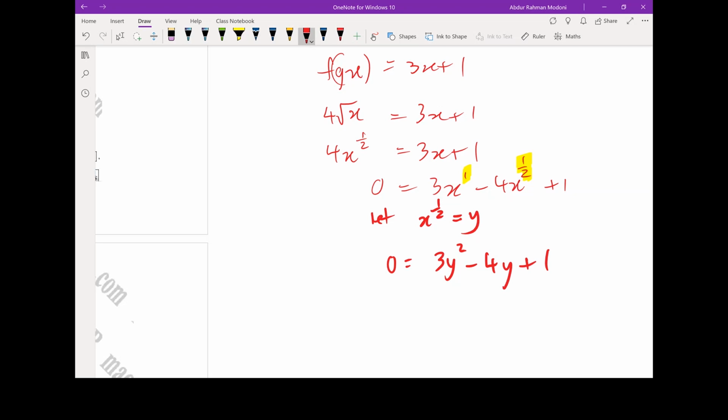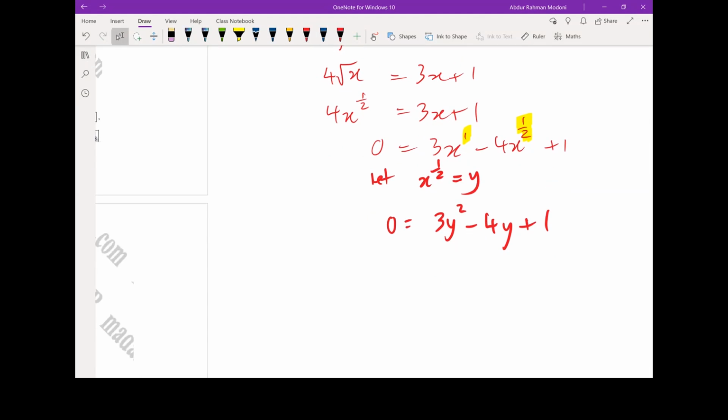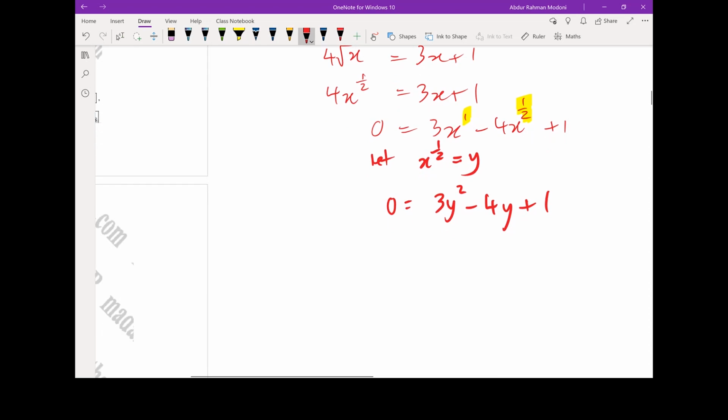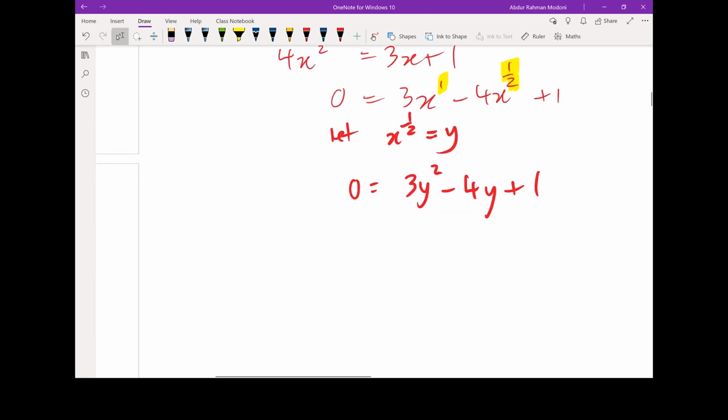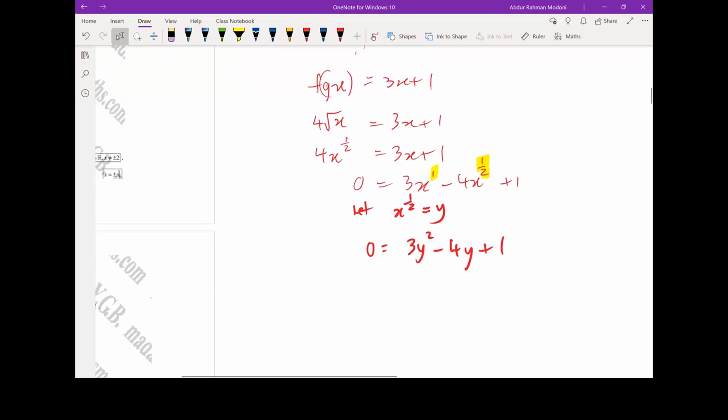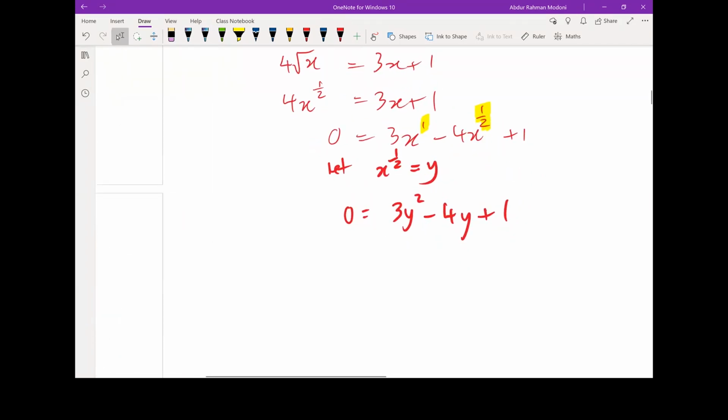So then you would go ahead and solve this. You can use your calculator here to find the solutions.